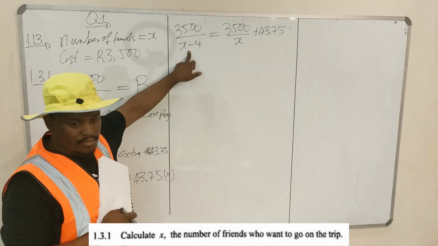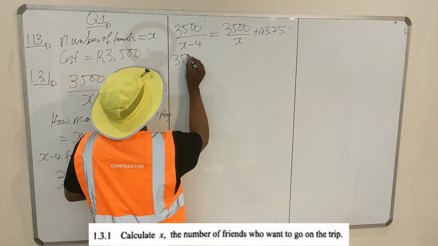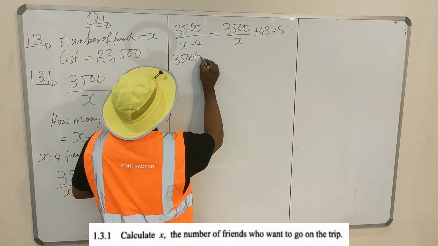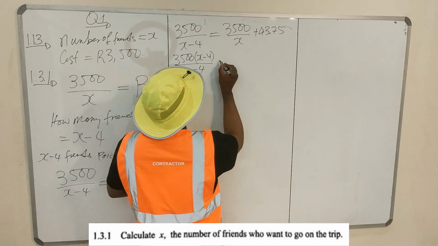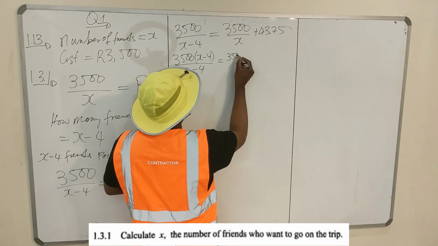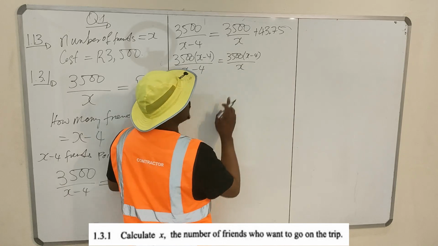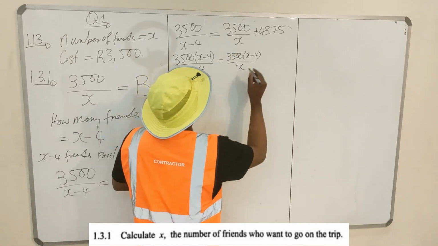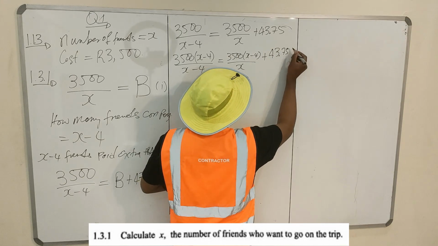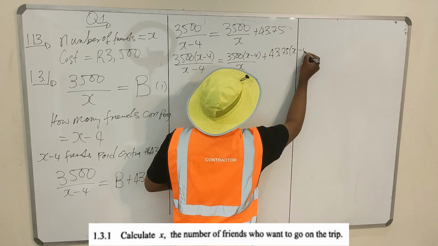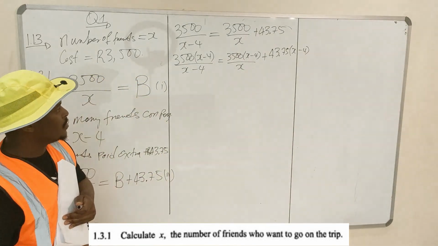I'll start with this one: 3,500 times x minus 4 over x minus 4 is equal to 3,500 times x minus 4 over x, plus 43 rand 75 cents times x minus 4.